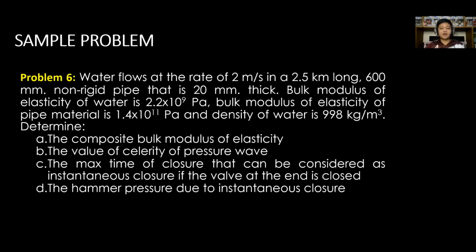Bulk modulus of elasticity of the pipe material, again non-rigid pipe, is 1.4 times 10 raised to 11 pascals. And density of water is 998 kilograms per cubic meter. As you notice, this is below the standard, which is 1,000 kilograms per cubic meter.